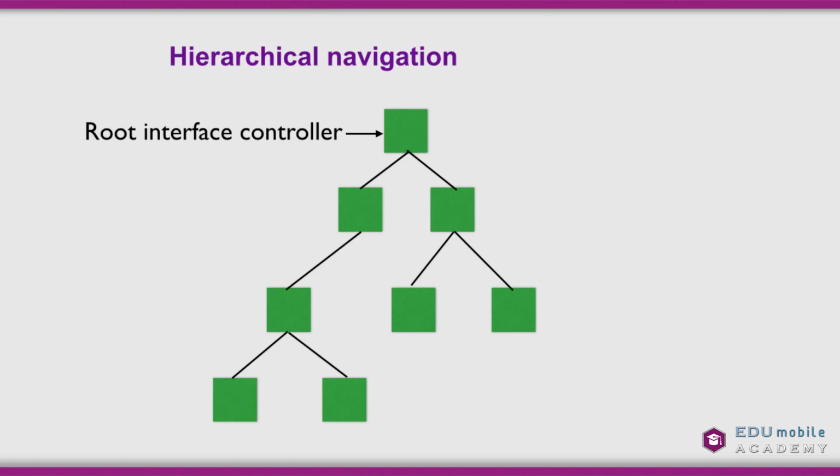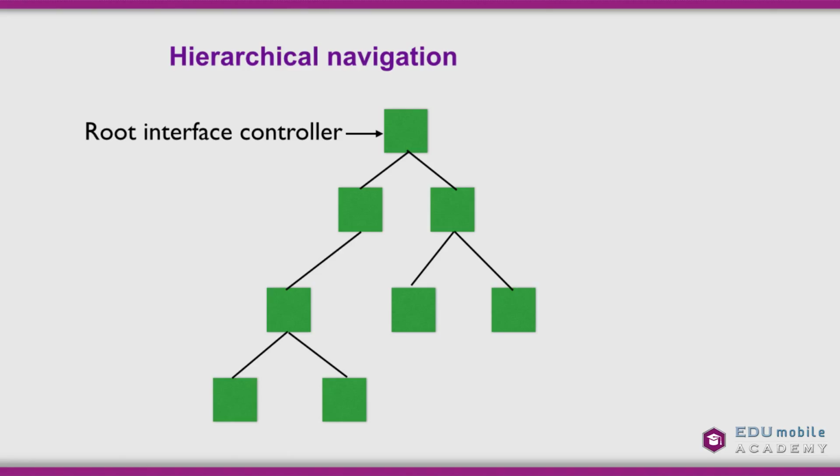So hierarchical navigation looks like this. We have a single root interface controller, and then we branch off of it. We might have a couple of controls, buttons, table view rows, such like that present new view controllers, and they would have controls to present new view controllers, and so on. This is exactly like the UINavigationController.